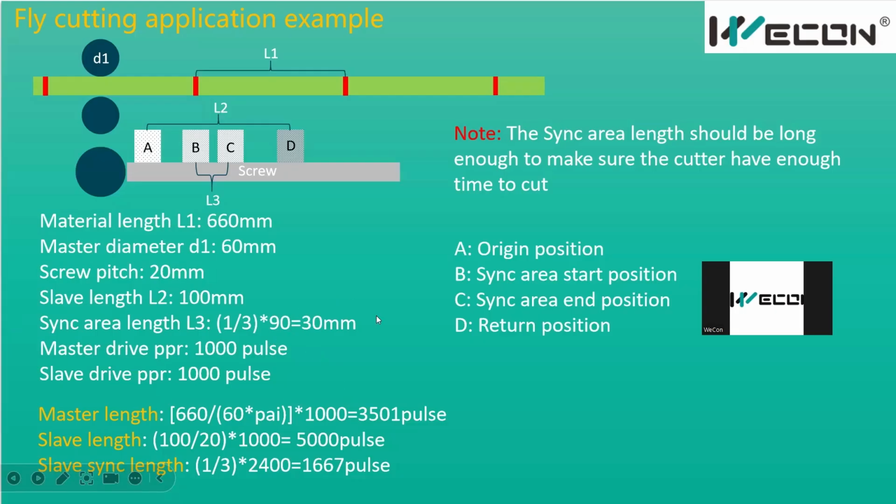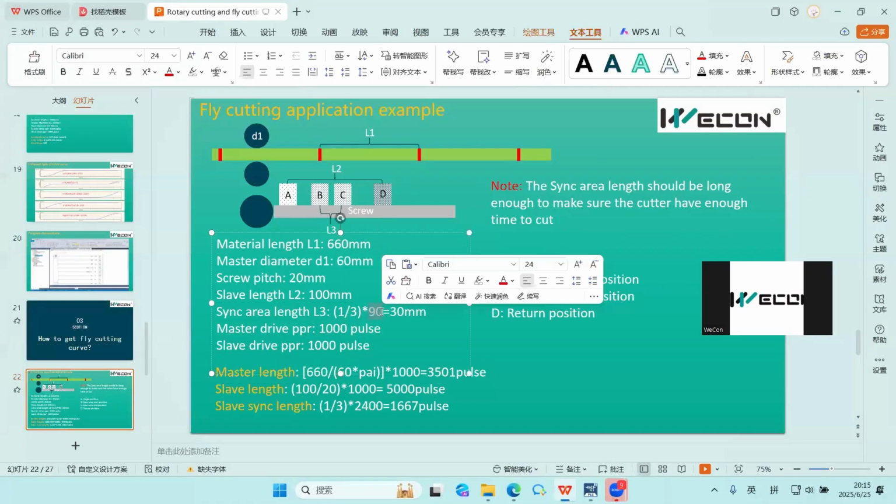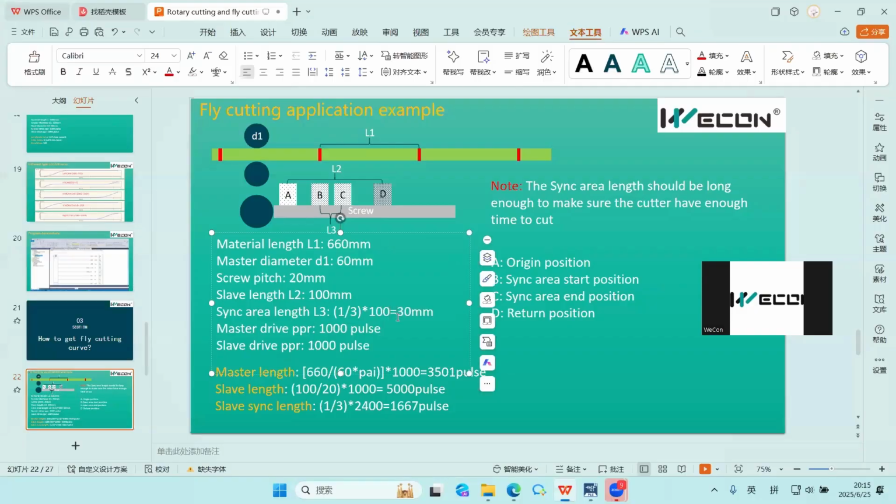33% of our, sorry, here the perimeter is wrong. We check. It's 100 and 33.